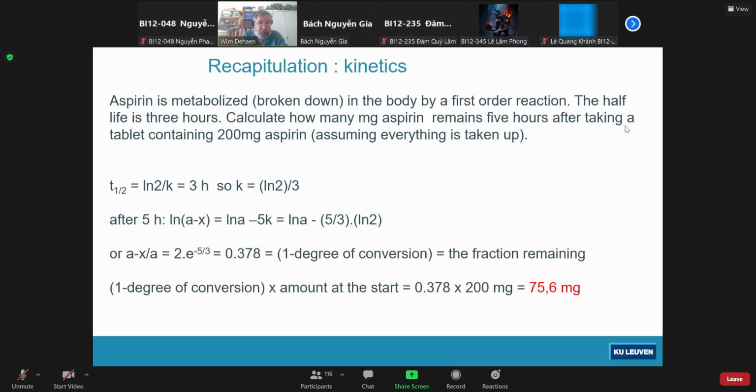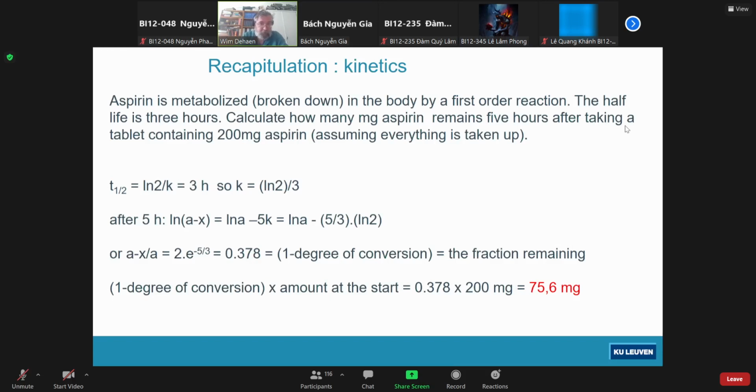So ln(A minus x) is ln A minus 5k. So we have put the time t as 5 in this case. So we put the k into that, so ln 2 over 3.